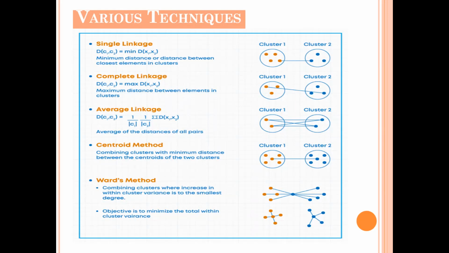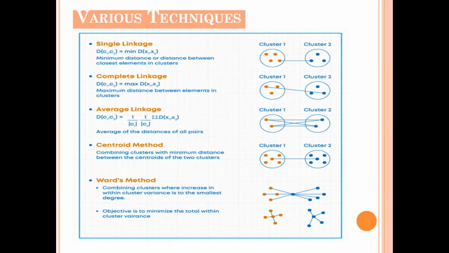Now, complete linkage. In the complete linkage, we are finding the maximum distance among the data points. So first of all, we will make one cluster of maximum distance and then continue, and finally we will reach one cluster. Now, average linkage.